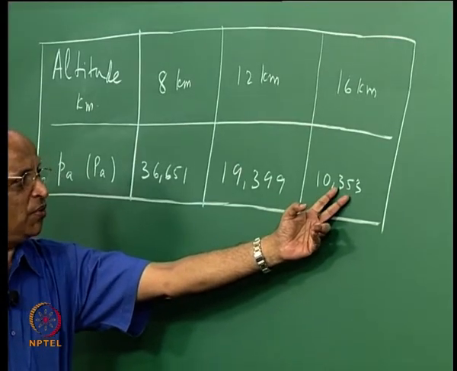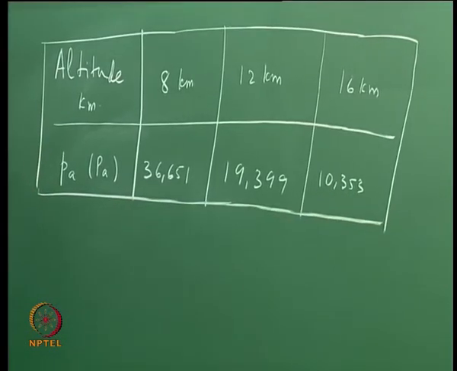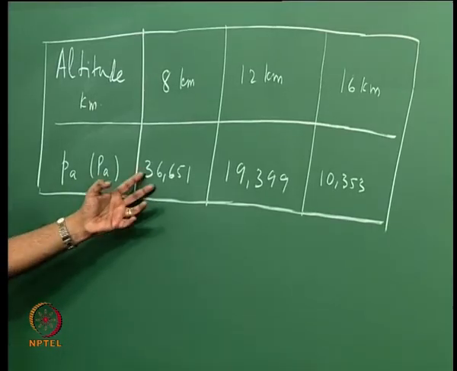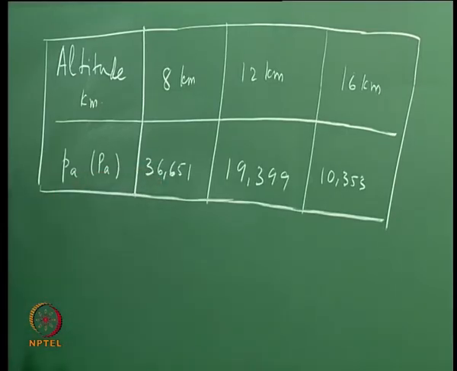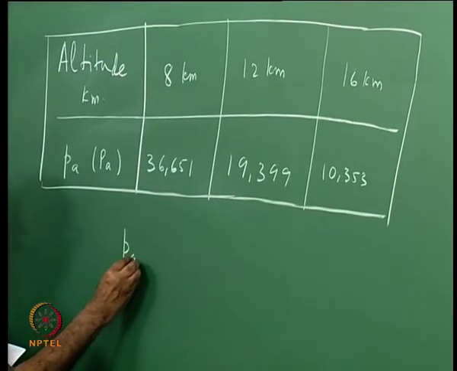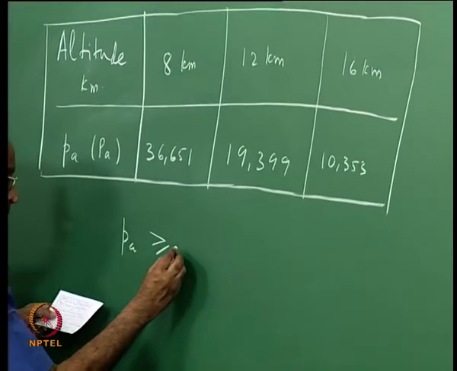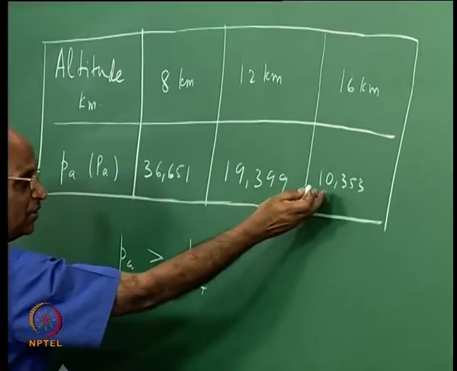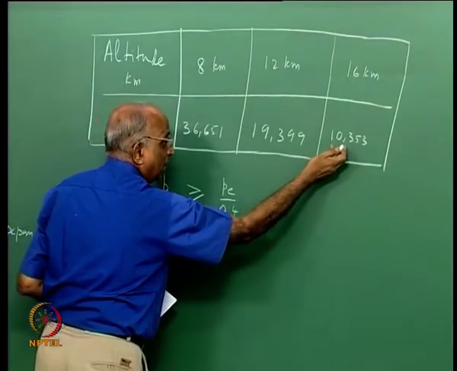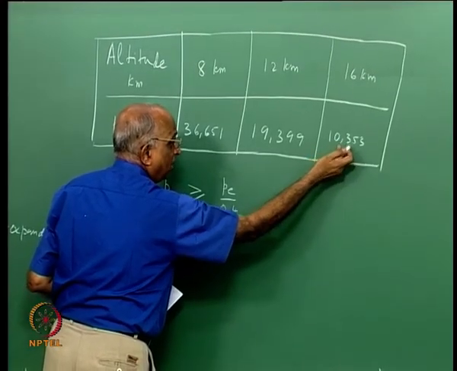The nozzle is designed for 16 kilometers, therefore the exit pressure of the nozzle is 10,353 Pascal. We want to find out the condition at which, as the rocket goes up, the flow begins to separate or the nozzle gets to be over expanded. Therefore, for flow separation, Pa must be greater than or equal to Pe divided by 0.4, and the nozzle is designed for a pressure of 10,353 Pascal.